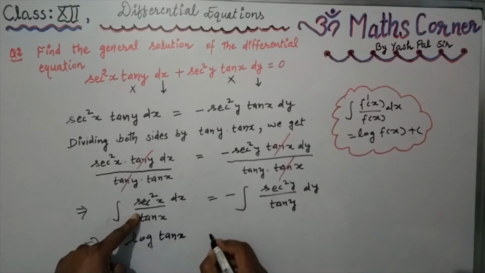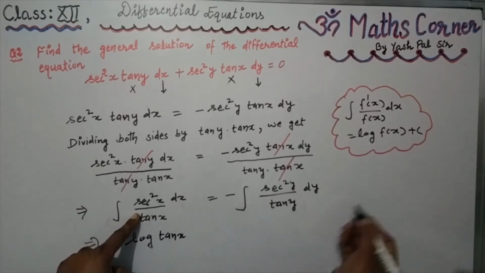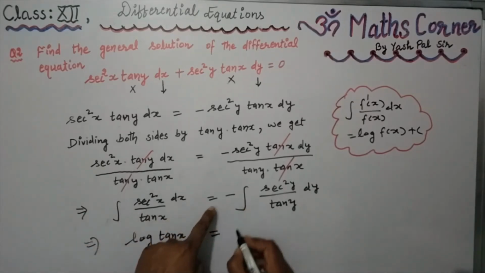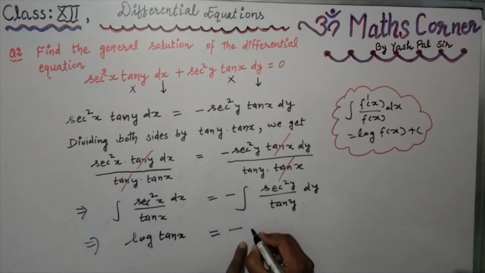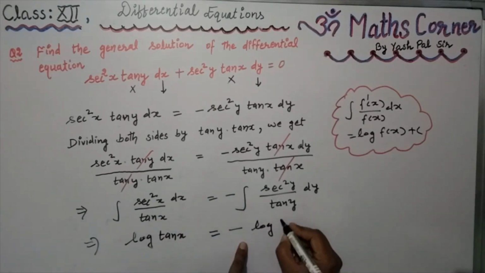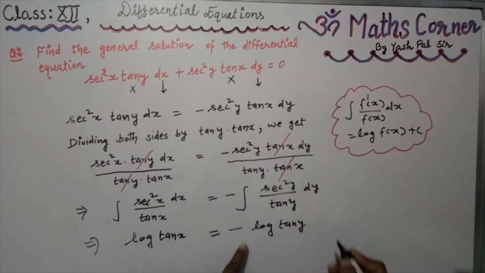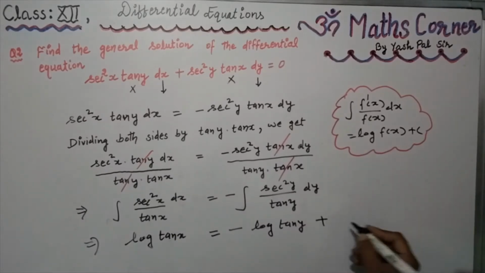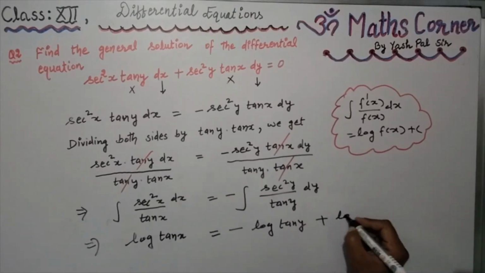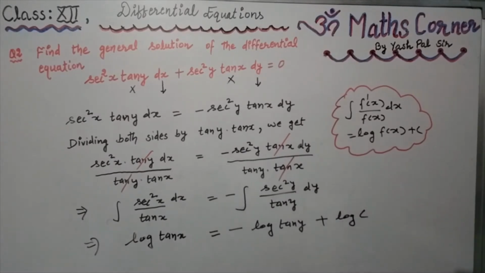Log of tangent x plus c1 on one side, and on the right side minus log of tangent y. We can also write this plus c as log c, there is no problem.